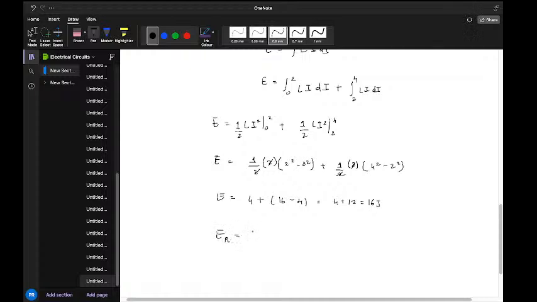The energy of the resistor is I square R T. Let's write it in integral form: the integral of I square R dt, where the integral goes from 0 to 4 seconds.